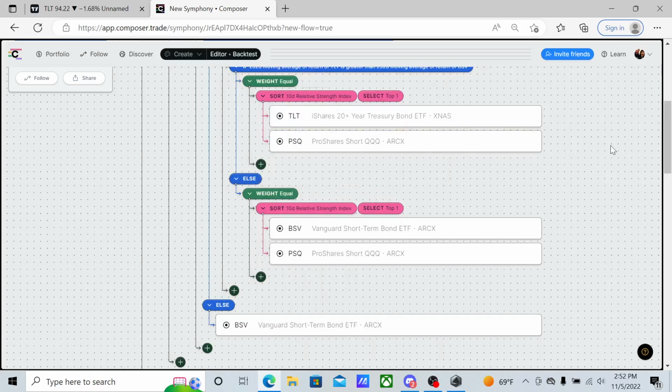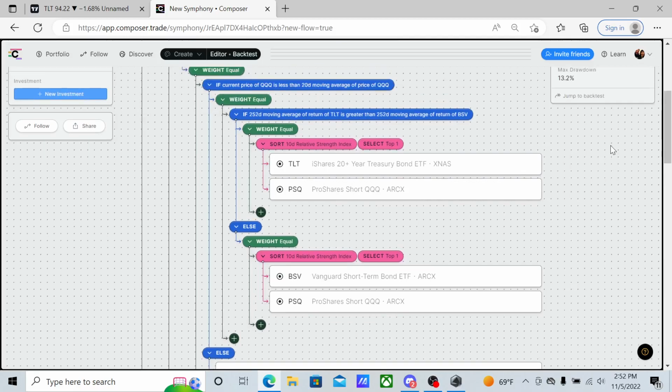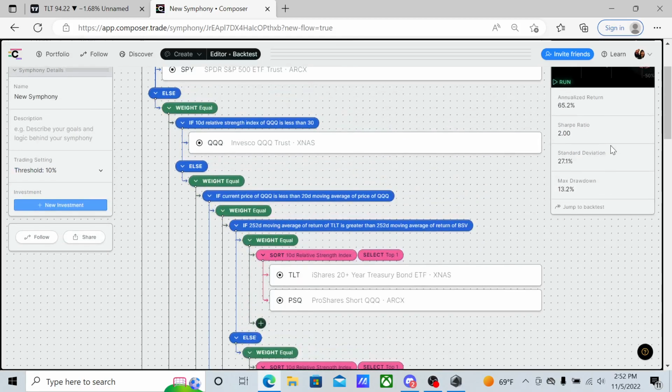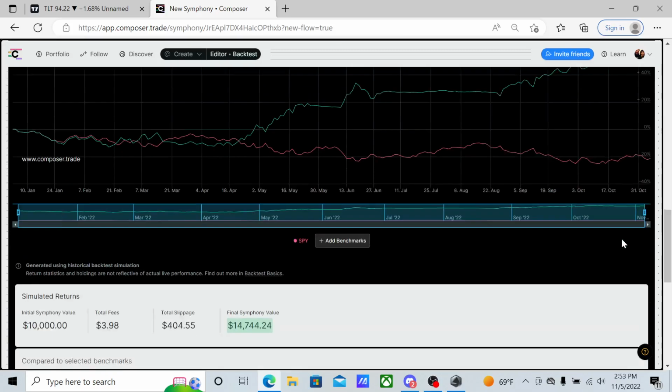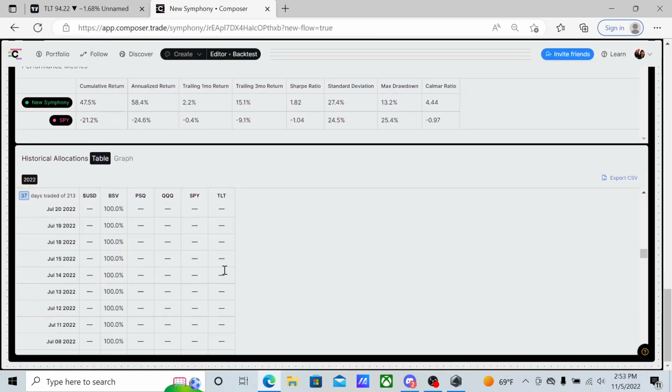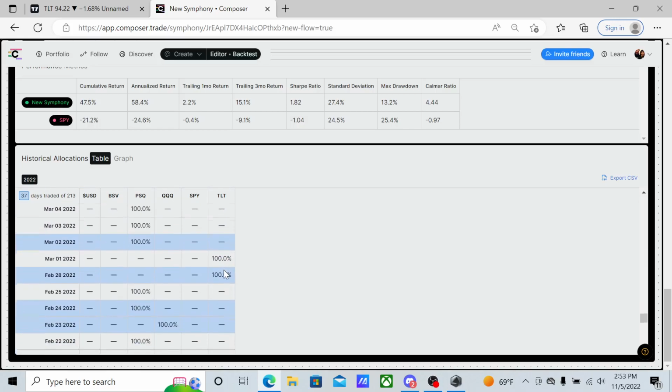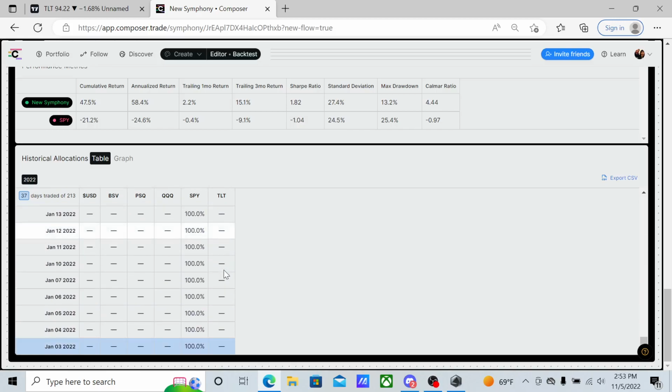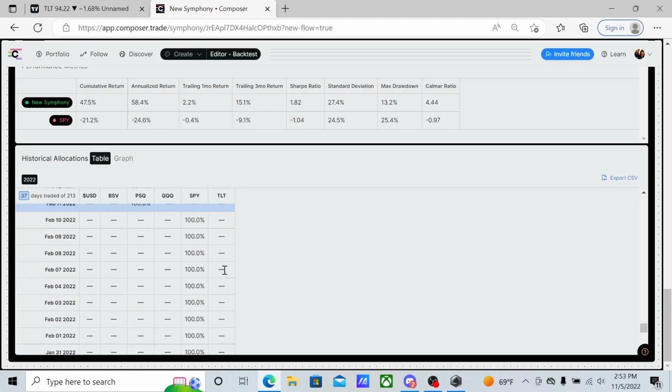You could look at it that way too, and if TLT is better, then it'll use TLT. If not, it'll use BSV. So 58 and 13. So let's see if it was using TLT. Yep. So here it actually did use TLT, but I'm wondering, yeah. So it looks like it was closer to the beginning of the year. It would have used TLT.